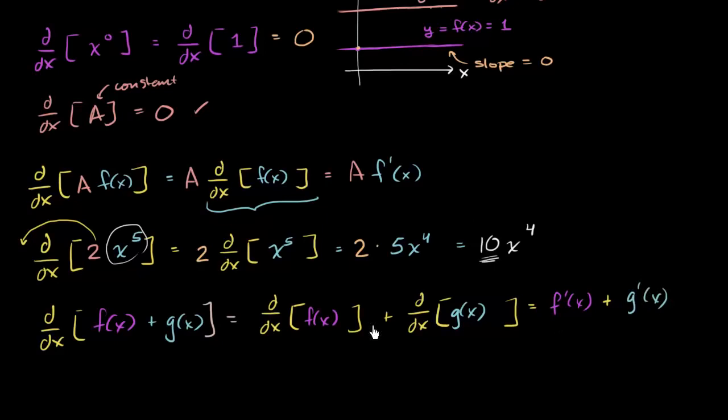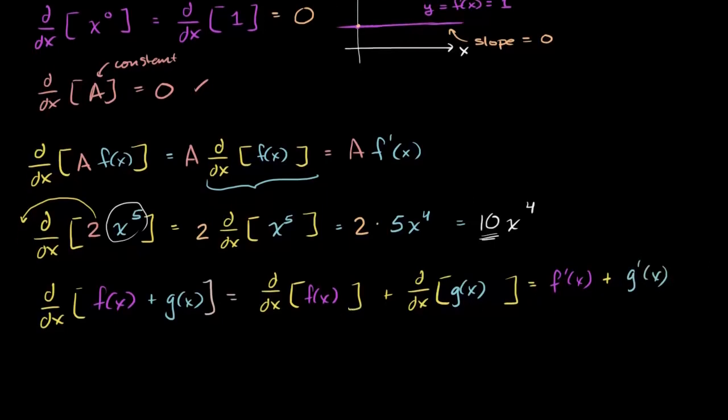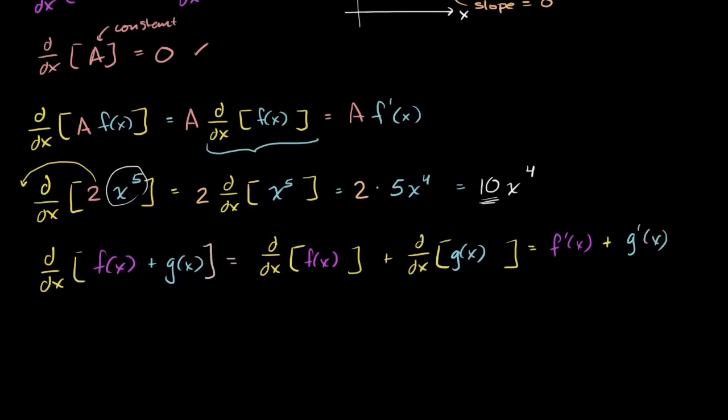Now, once again, this might look like fancy notation to you, but when you see an example, it'll make it pretty clear. If I want to take the derivative with respect to x of, let's say, x to the 3rd power plus x to the negative 4 power, this just tells us that the derivative of the sum is just the sum of the derivatives.